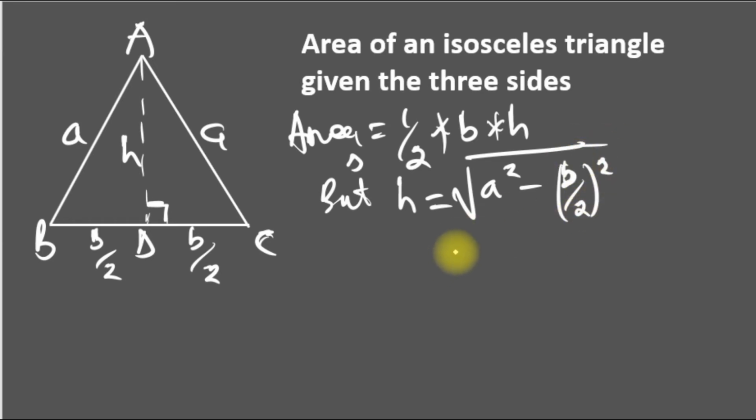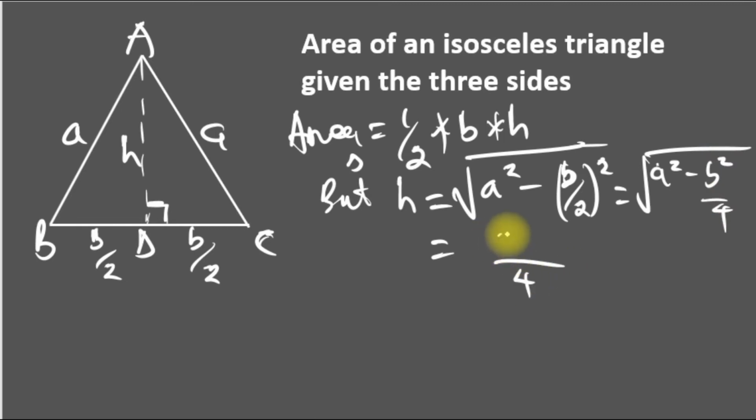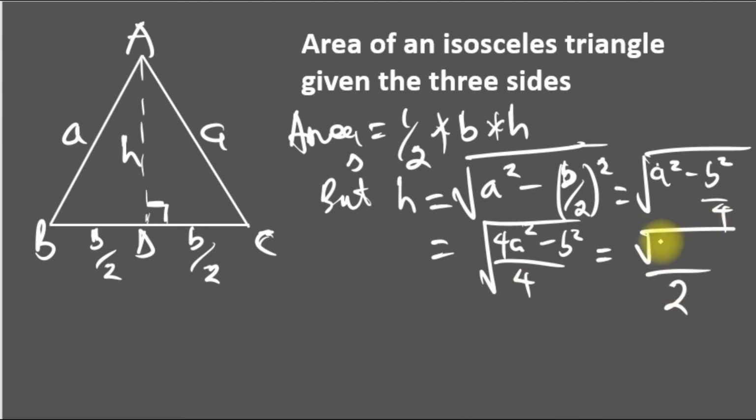That's by the Pythagorean theorem. So we have that, this is just square root of A squared minus B squared over 4. I know the LCM is 4, so we have 4A squared minus B squared all in square root. And we know the square root of 4 is 2, but this has no perfect square root, 4A squared minus B squared.